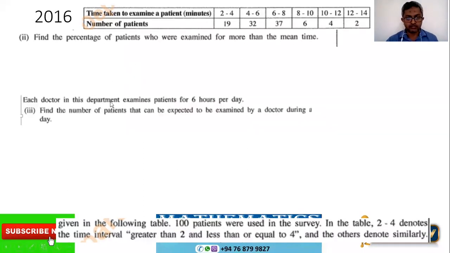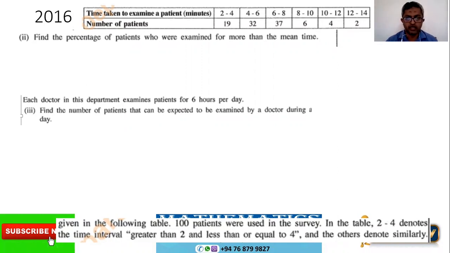Each doctor in this department examines patients for 6 hours per day. One doctor works 6 hours per day. Find the number of patients that can be expected to be examined by a doctor during a day. What's the way to find out?